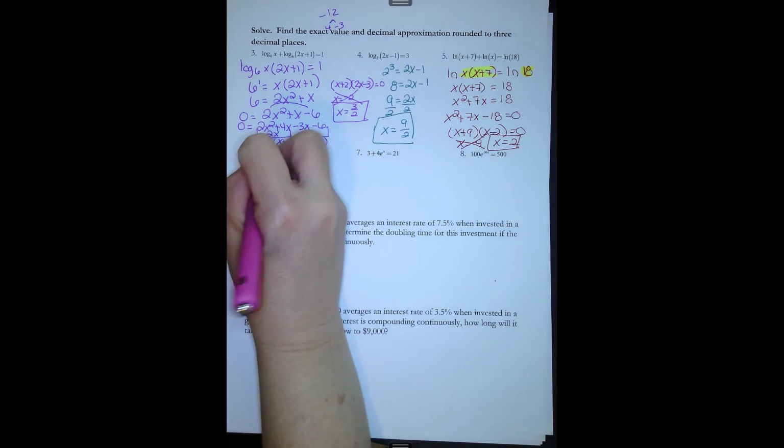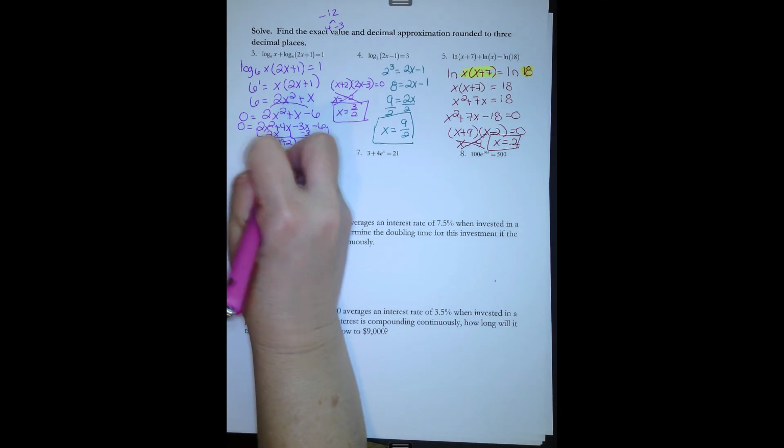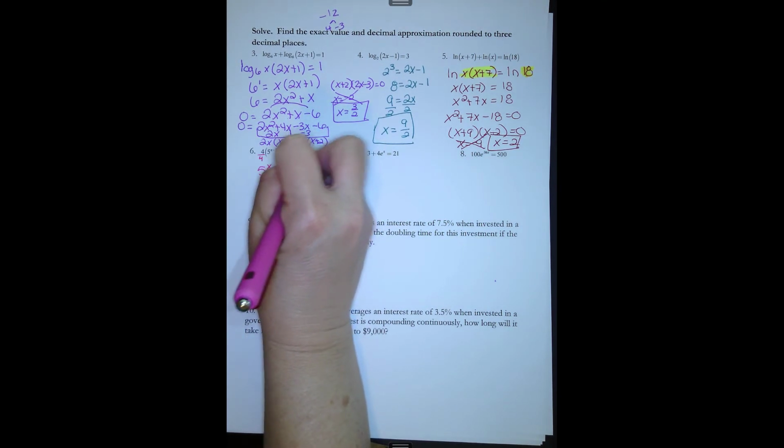So we need to get our base by itself that has that exponent. So we're going to go ahead and divide both sides by 4. So we have 5 to the x minus 3 equals, and that reduces down to 19 halves.